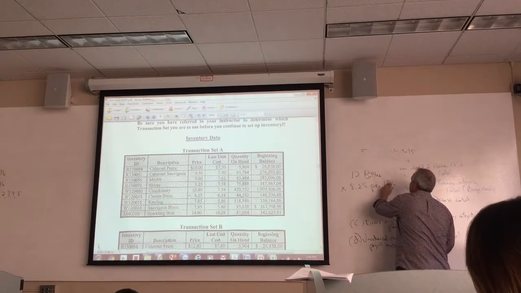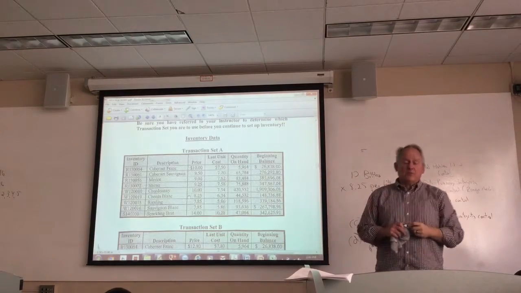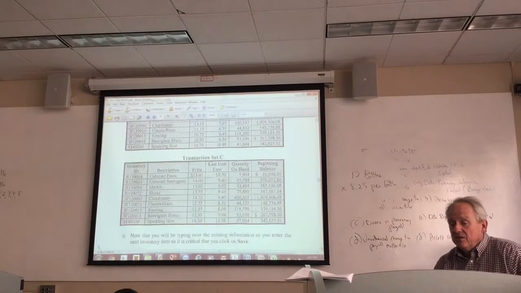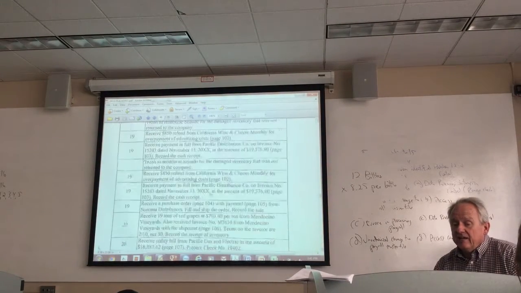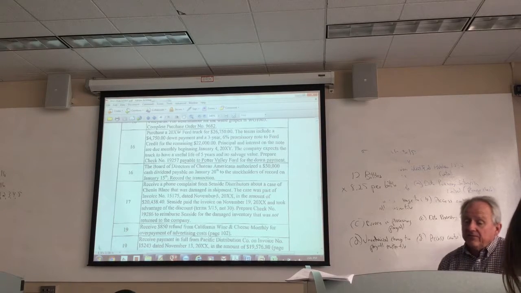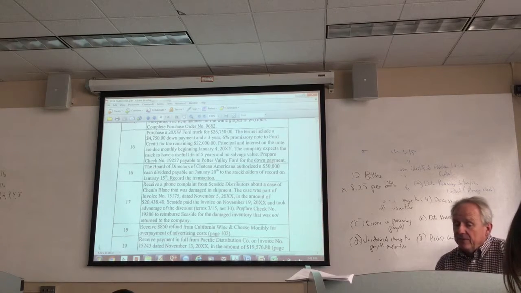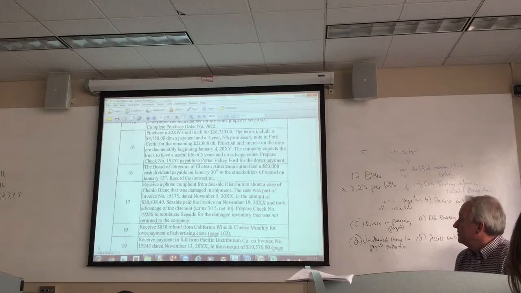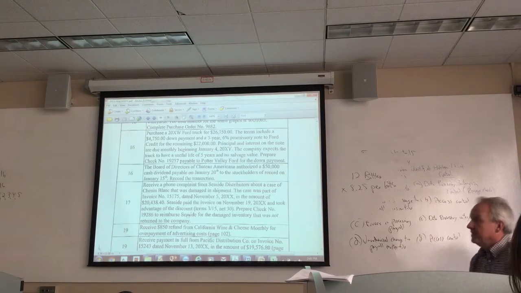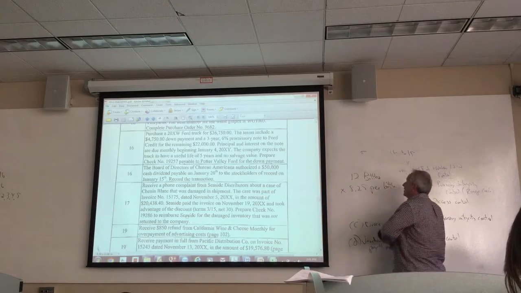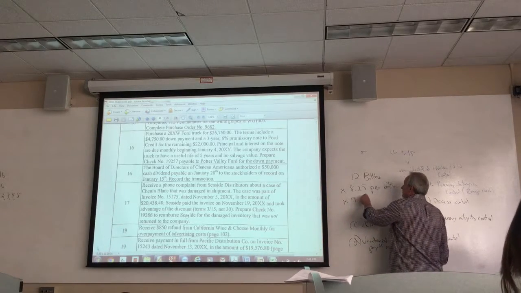But then it doesn't tell you this in the information, but what else do you have to realize is applicable in this case? When I sold them this wine, it was dated November 5th. They paid for it on November 19th with a 3/15 net 30. So what does that mean? Did they pay the full price? No, they paid a discounted price. So I gotta multiply that by 97%.